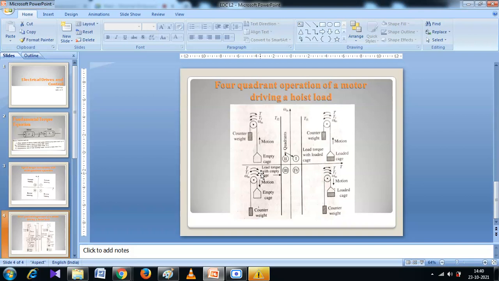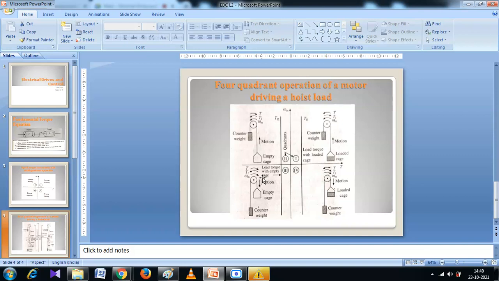What is the expression of mechanical power? P is equal to T into omega. That means developed torque into angular velocity is called the mechanical power.